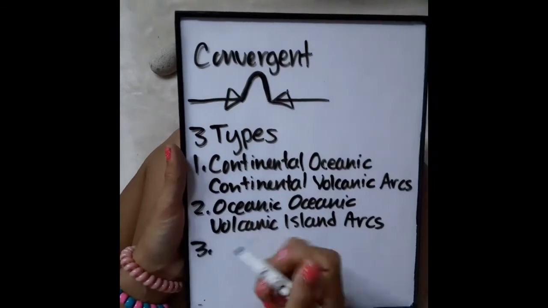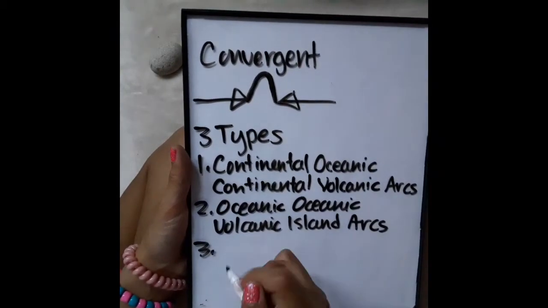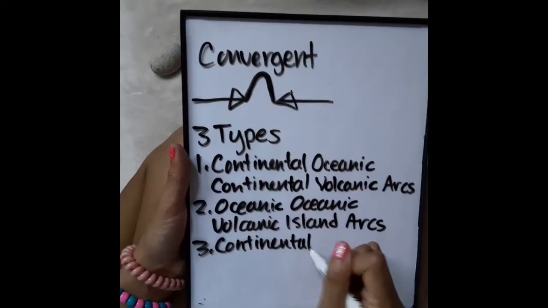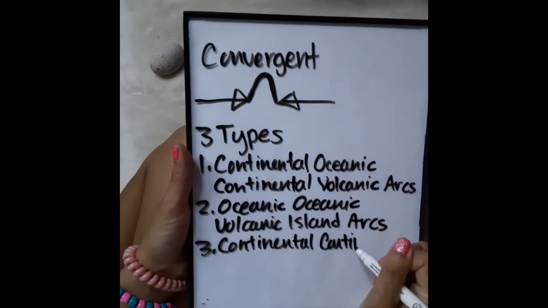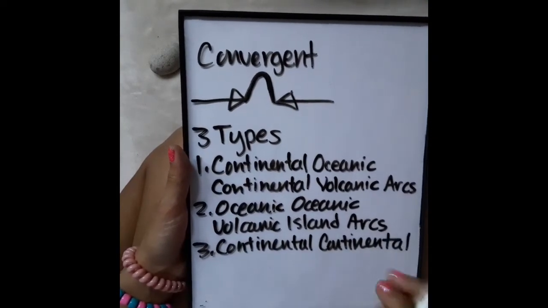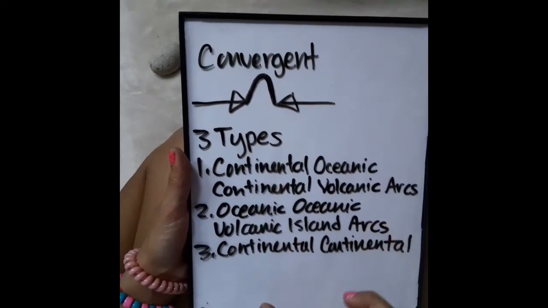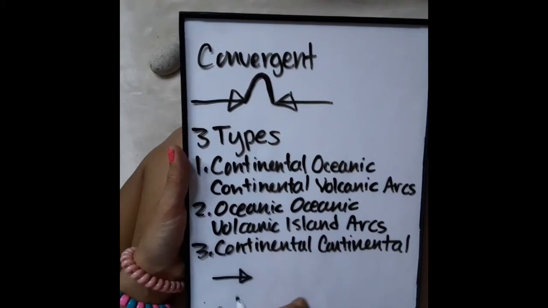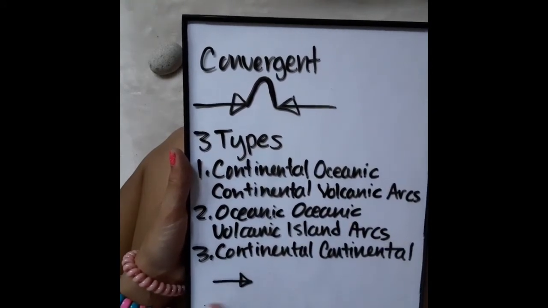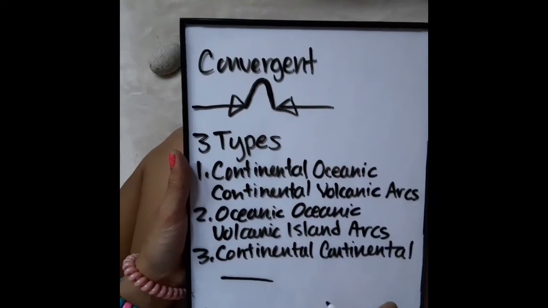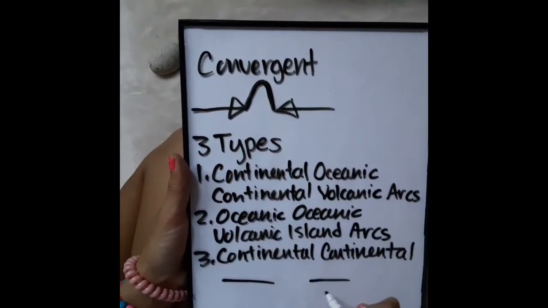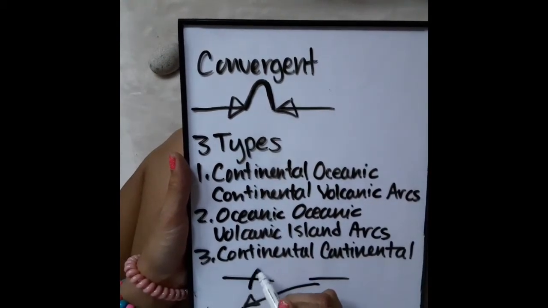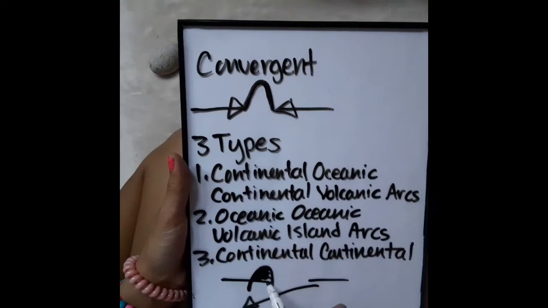Okay, so the third one is continental. And this is similar to the oceanic, except it occurs on land. So the land, one piece of land subducts into the other, creating mountains.